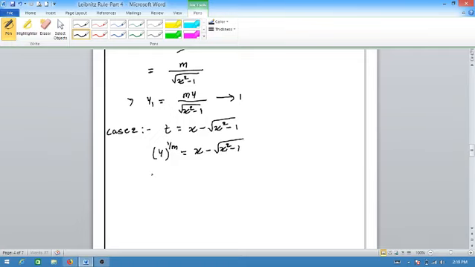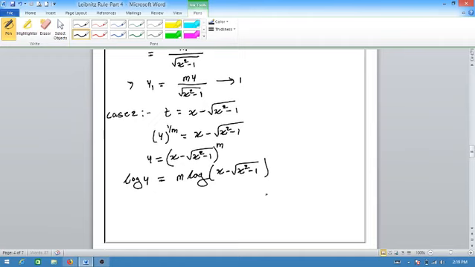Right. So raising the power, same line, y is equal to x minus root of x square minus 1 raised to m. Now again take log on both sides. Log y is equal to m into log of x minus root of x square minus 1.